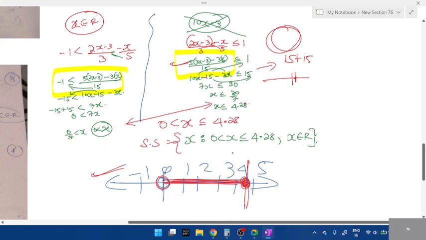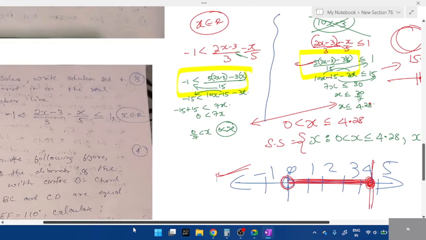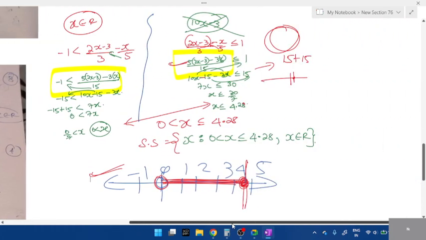So this is a board exam question. This is 2020. Recently they gave that question. Okay, completed. Go through once.